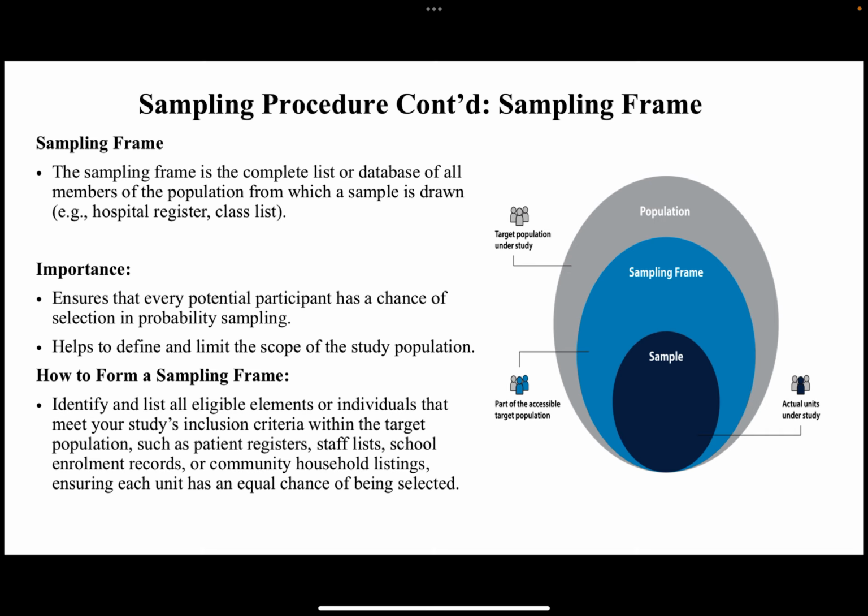That's the sampling frame. A sampling frame can be a staff nominal roll or school enrollment records. It is out of the sampling frame that you draw your sample from.